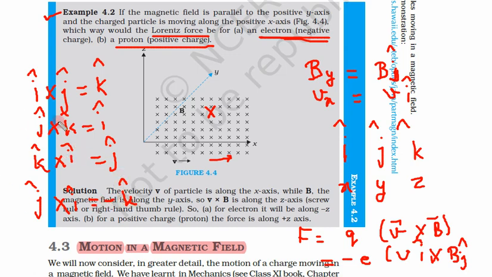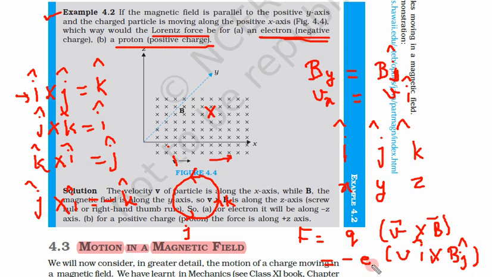These are in rotation: this is i, next is j, third one is k. So i cross j is k, k cross i is j, and j cross k is i. But if we rotate in the opposite direction, i cross k, then it is negative j. This thing we have to remember.